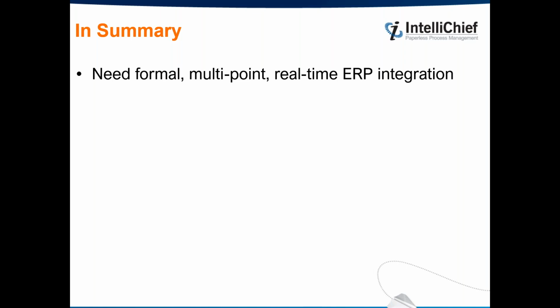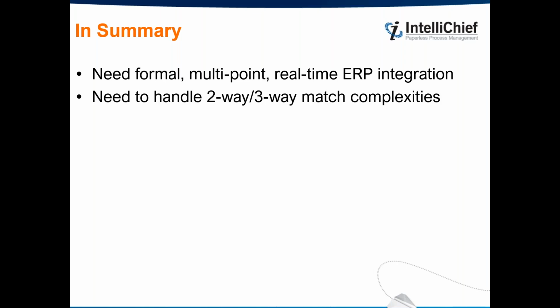First of all, as a JD Edwards customer, you're going to need a very formal multi-point integration, right? Lookups, getting the data in there in real time, some of those things we talked about. A two-way match and a three-way match sometimes isn't as simple as it sounds, right? There are complexities involved. And if you can't handle those complexities, you're not going to reach the level of automation that you expected to.